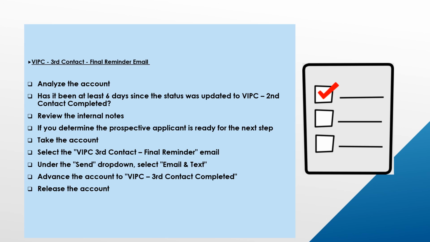Review any internal notes. Determine that the prospective volunteer is ready for the next step. Take the account, select VIPC third contact final reminder email. Under the Send dropdown, select Email and Text, and advance the account to VIPC third contact completed. Release the account.